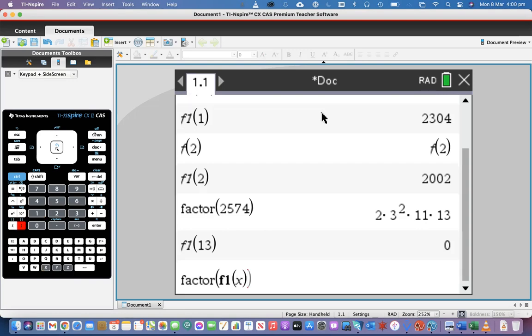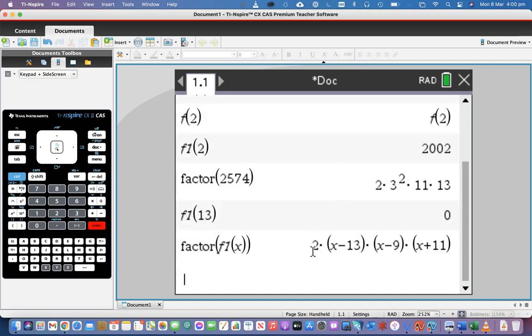I just have to go f1 of x, close the bracket, press return, and there we have it. 2 times x minus 13 times x minus 9 times x plus 11. So there's the 11 there. There's the 9 there, effectively. 3 squared equals 9. But it might have been that 33 was a factor because 3 11s are 33, that kind of thing. You never know.